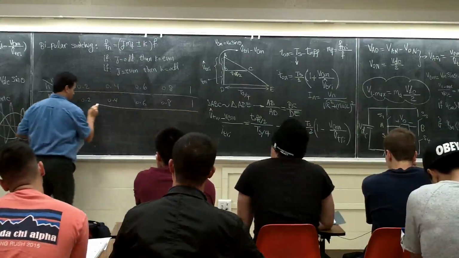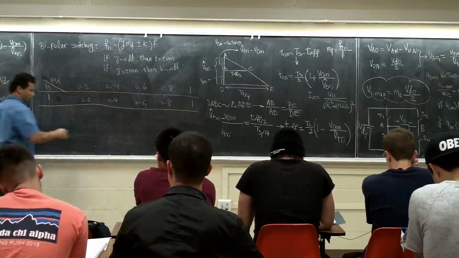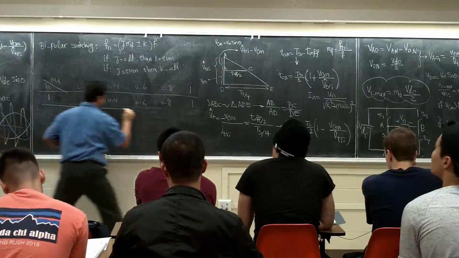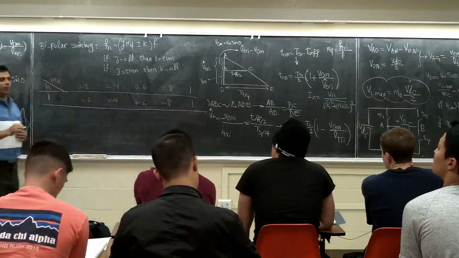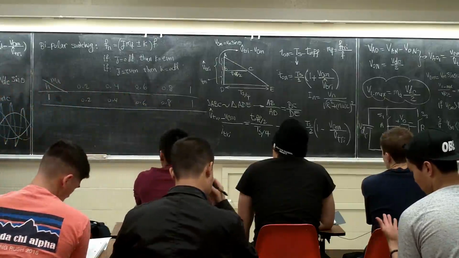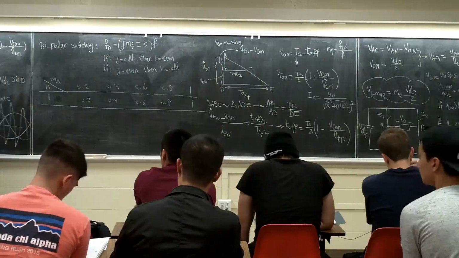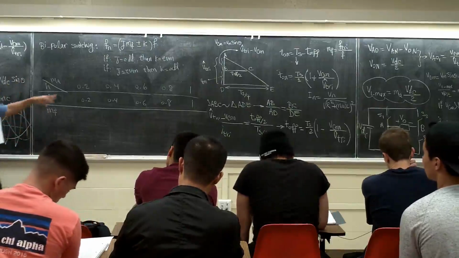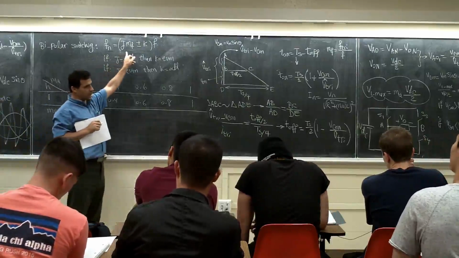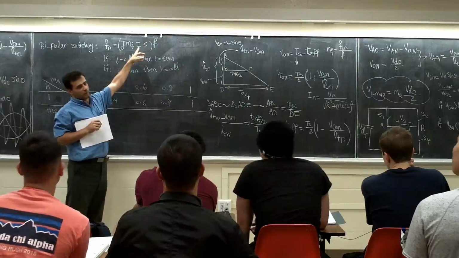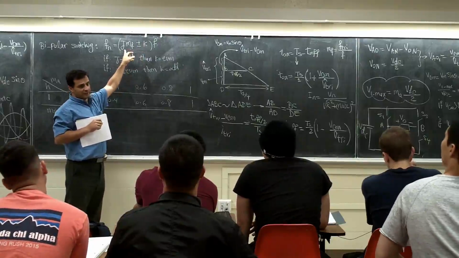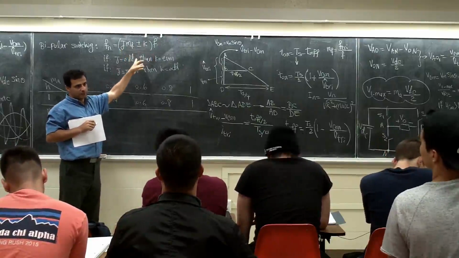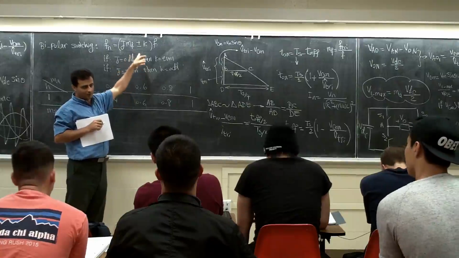Now, what is the next harmonic I'm going to see in my output? MF. Based on this equation, J is 1, so because J is an odd number, K should be even. It's going to be MF plus minus 2, MF plus minus 4, MF plus minus 6.